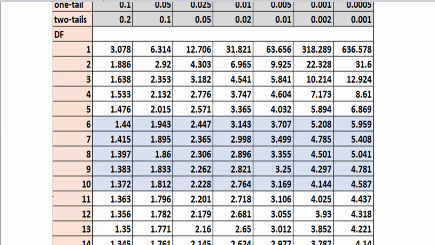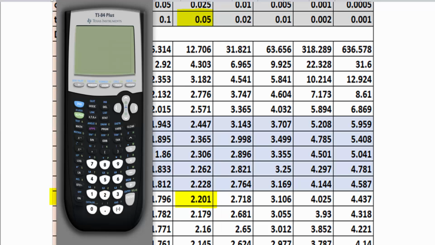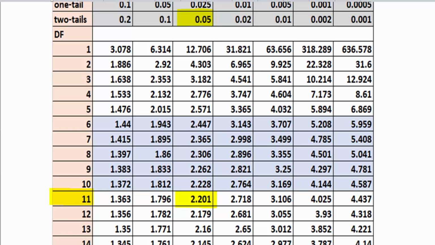So we're at 11 degrees of freedom. Okay, we're at a two-tail 5%. So this critical value is going to be plus or minus 2.201, which means that if we're more than that many standard deviations away from that norm on the t-curve, we are going to reject the null hypothesis.